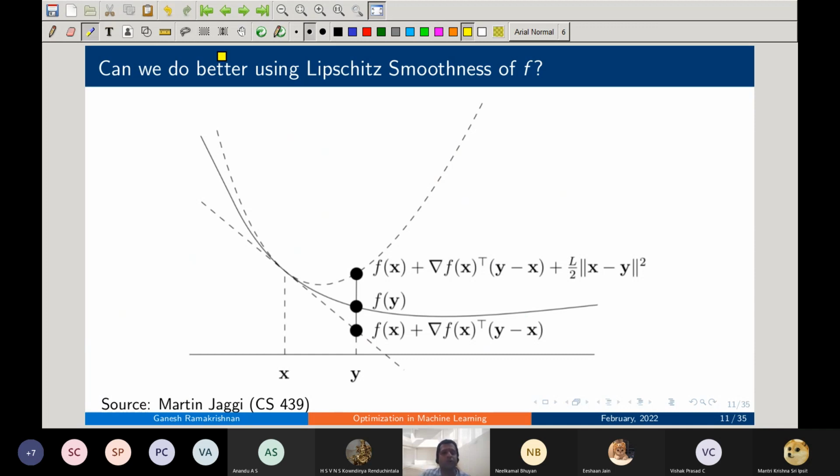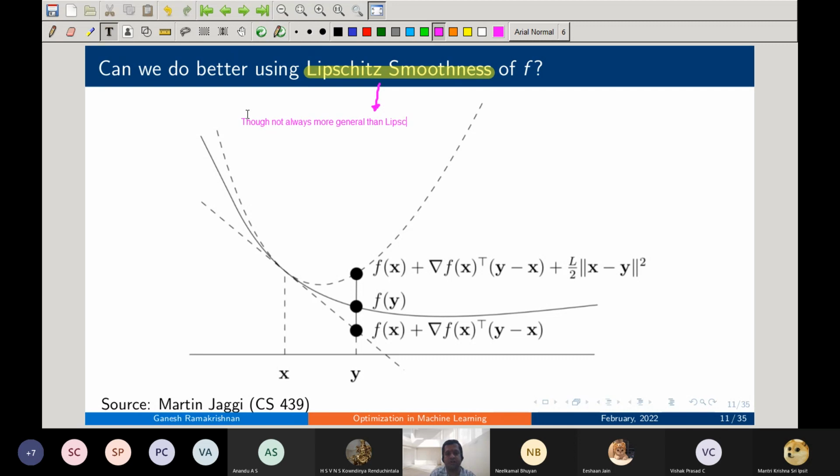Towards that I said, can Lipschitz smoothness bail us out? We know that Lipschitz smoothness is not necessarily a generalization of Lipschitz continuity. But for bounded functions, for well-behaved functions, yes, Lipschitz smoothness does imply Lipschitz continuity. So it's more general in the practical scenario, though not always more general.